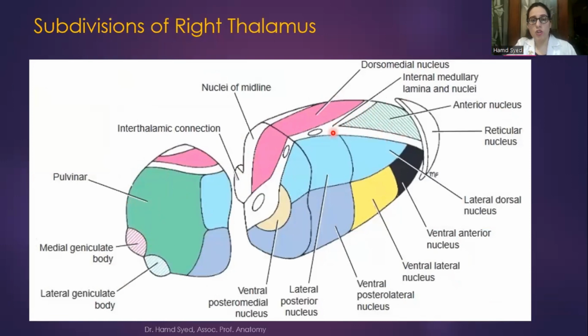You can see the Y-shaped vertical sheet of white matter, which is the internal medullary lamina, dividing it into three separate larger portions. The anterior nucleus is present between the two limbs of the Y, the dorsomedial nucleus on the medial aspect of the stem of the Y, and on the lateral aspect we have the ventral and dorsal tiers. And on the outer aspect, on the lateral side, is the reticular nucleus over here. Also on the medial aspect, you can see the interthalamic connection and the nuclei of the midline.